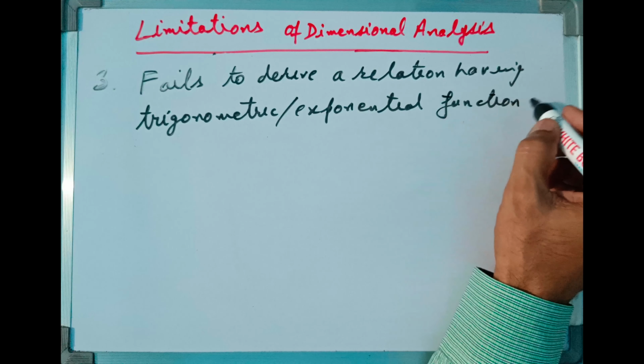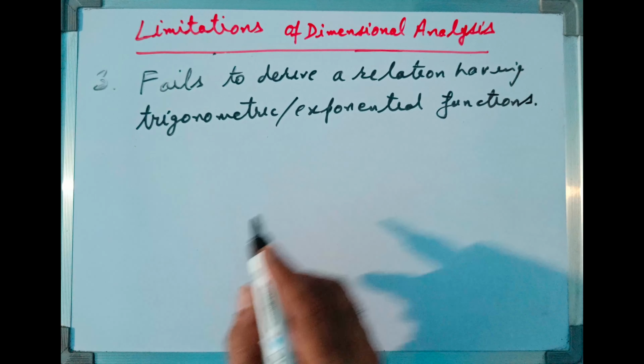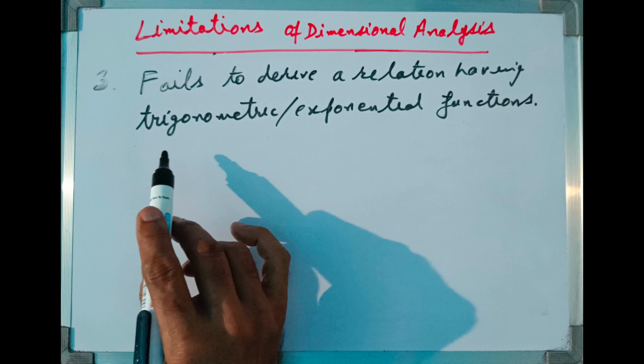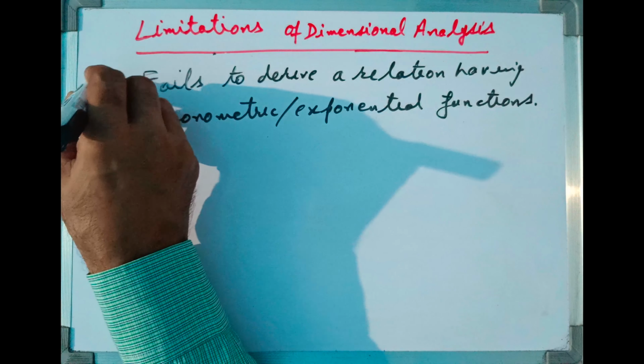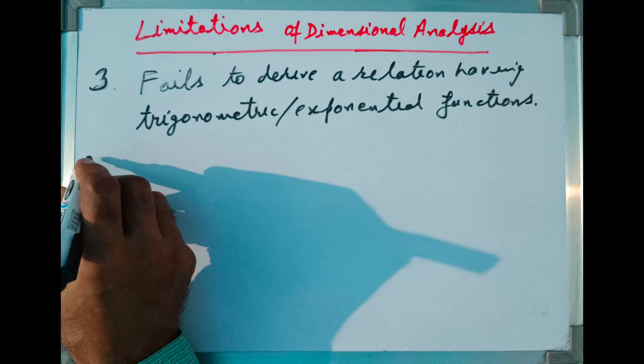Means by this method we can't derive a relation having sine theta, cos theta, or e raised to power something. This is limitation number 3.